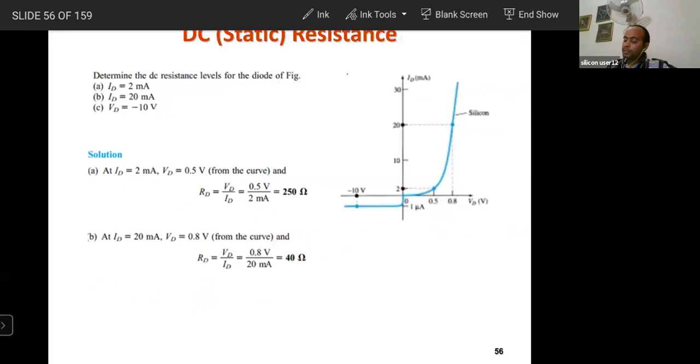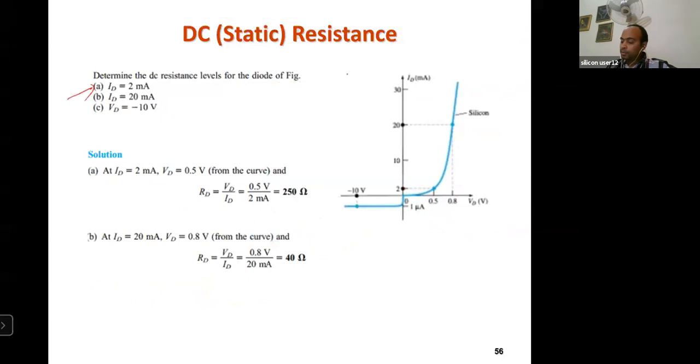The basic point here is that you can observe RD for option A, how much did we get? It is 250, and for option B it is 40.